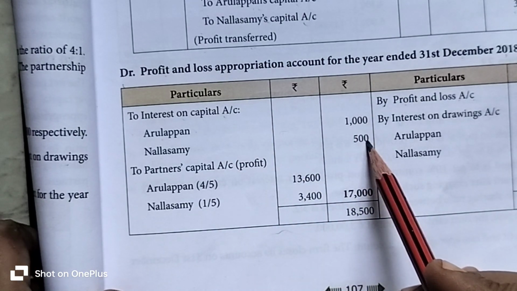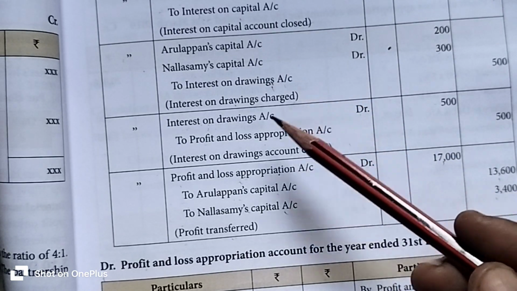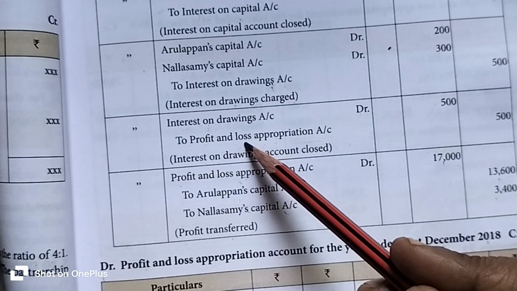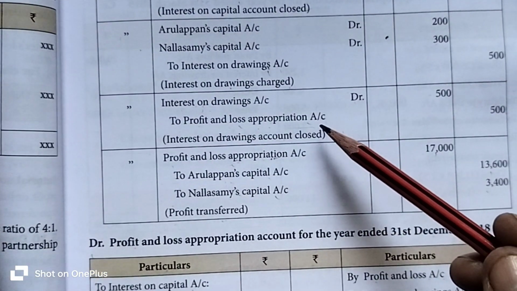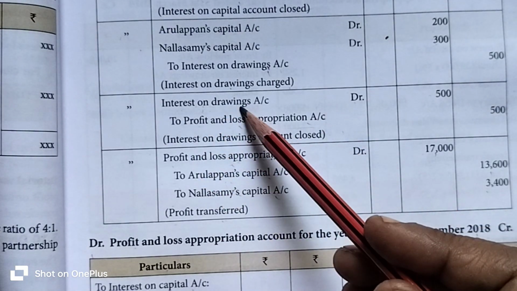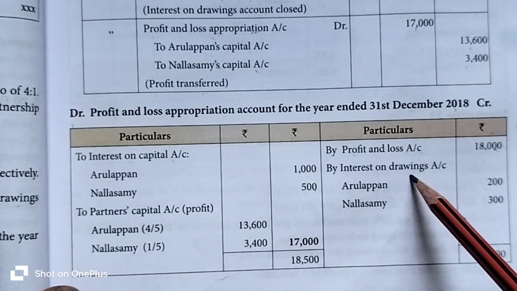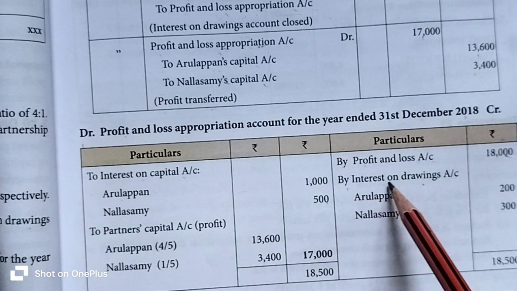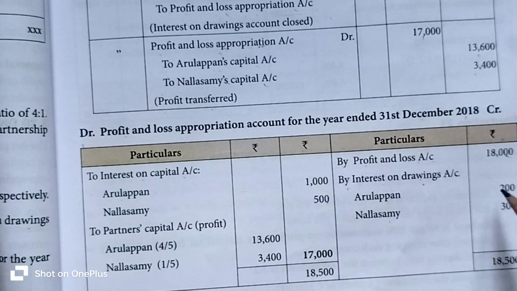And then where is the profit and loss appropriation account? Here we have it on the credit side. What is the opposite account from the profit and loss appropriation account? Interest on drawing. So you go to the credit side, you have to write the opposite account here, like in a ledger. So by interest on drawing account, whose interest on drawing? Arlappan and Nallaswamy's account, 200 and 300 entered.